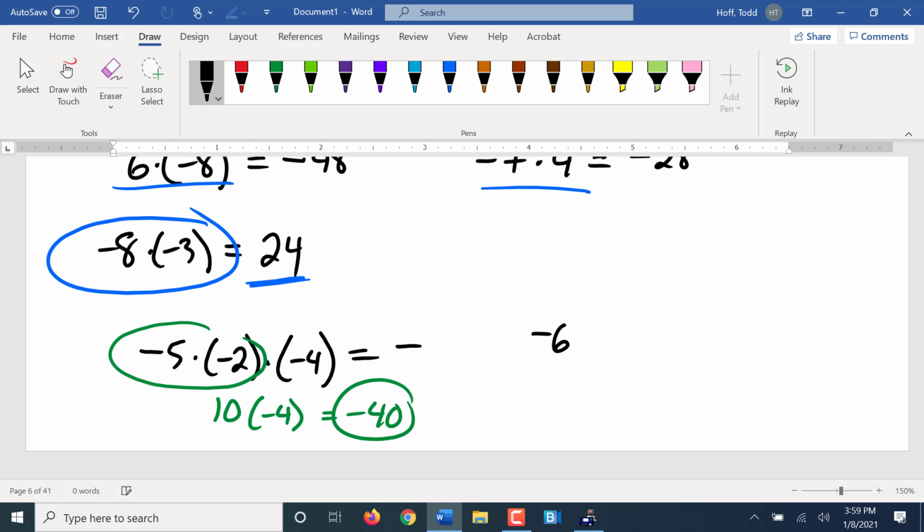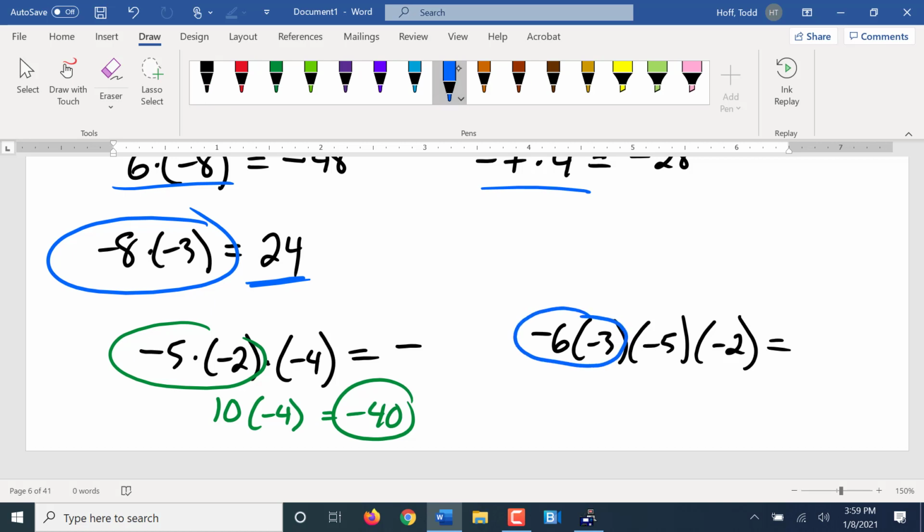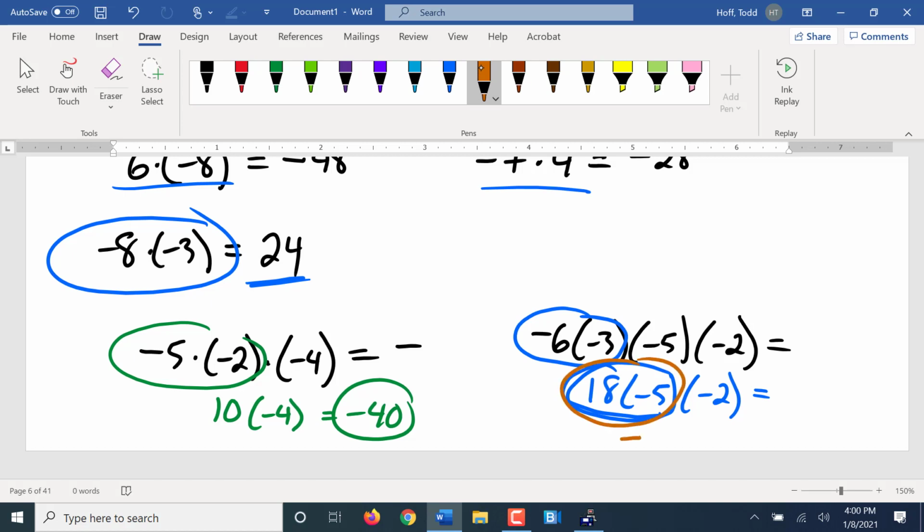If I have negative 6 times negative 3 times negative 5 times negative 2, is that going to be positive or negative? Positive. There's an even number of negative signs, so they're going to cancel out. It'll be positive. Going left to right, what's negative 6 times negative 3? Positive 18. Well, we really should do the 18 times the negative 5 next, which is negative 90. 18 times 5 is 90.